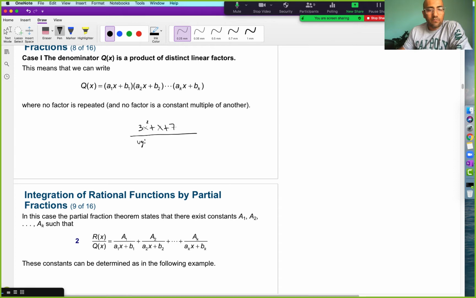But let's say I'm able to factor it, and that polynomial factors into x minus 2, x plus 3, x minus 1, I don't know, something like that. Maybe there's a constant here, 3, something like that.